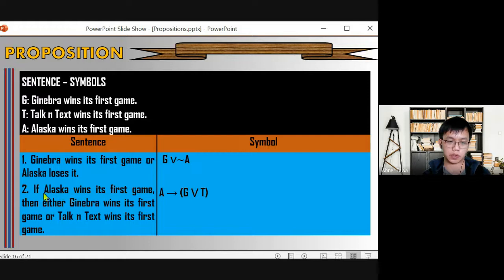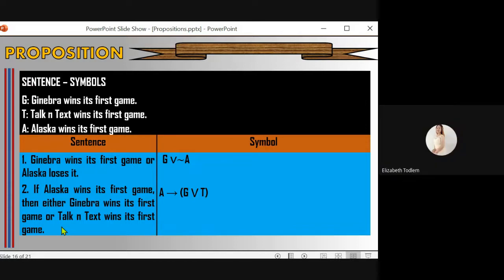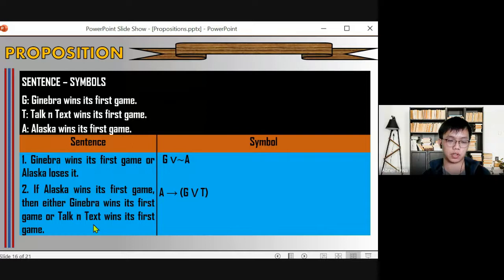Okay, we have also here another example. Please read, Elizabeth. If Alaska wins its first game, then either Ginebra wins its first game or Talk and Text wins its first game. Yes, thank you.